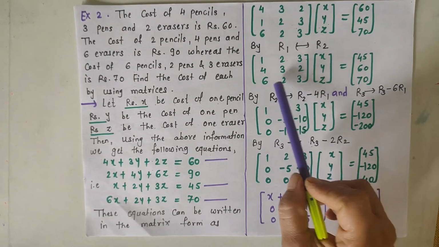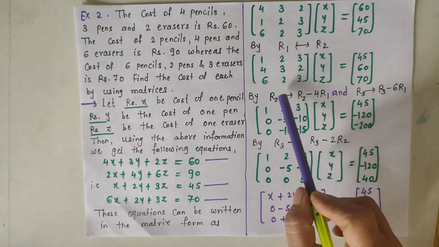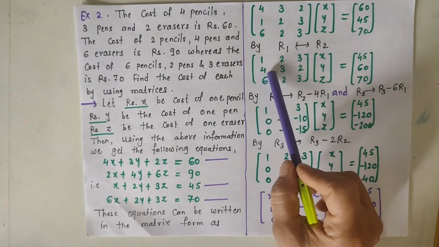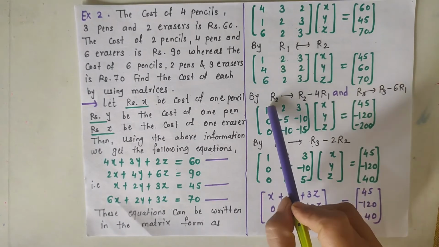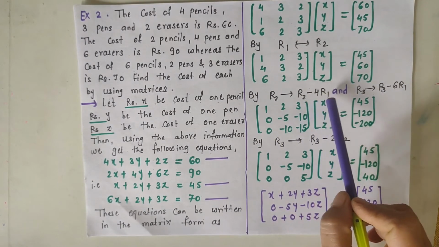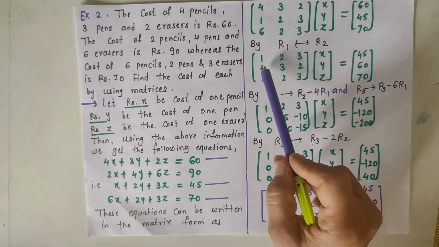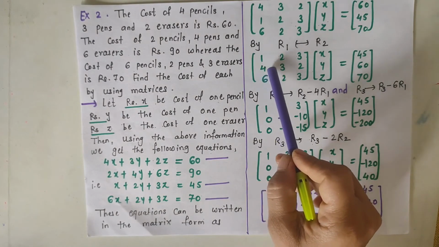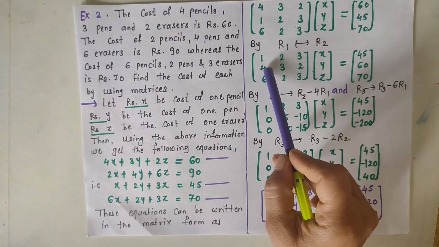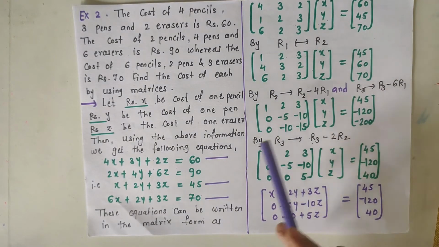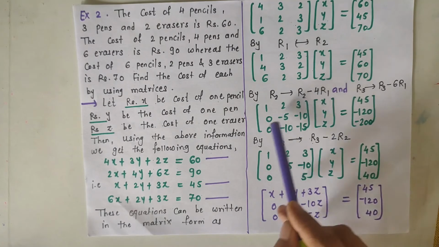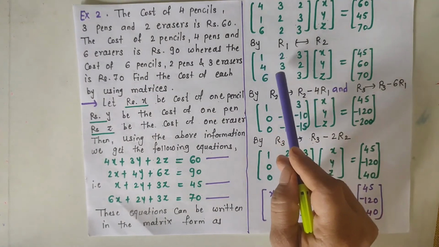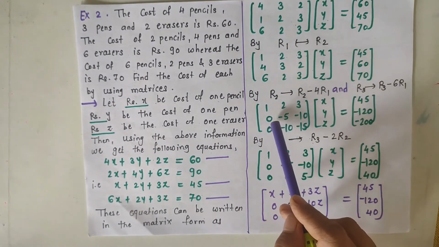Now, to convert to the upper triangular matrix, we apply a row transformation on the second row, R2 minus 4R1, to reduce this 4 to 0. Applying R2 minus 4R1 in the second row, we get 4 minus 4 into 1, which is 0.